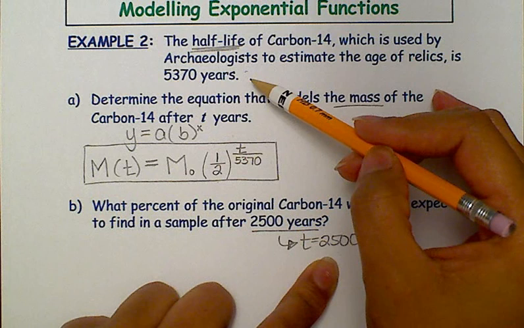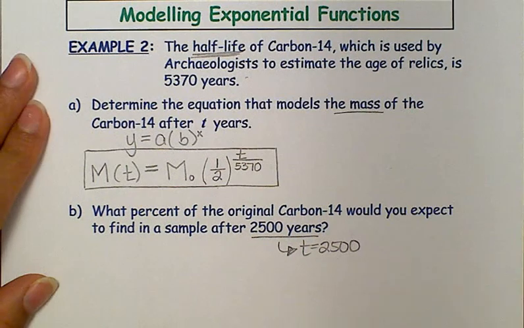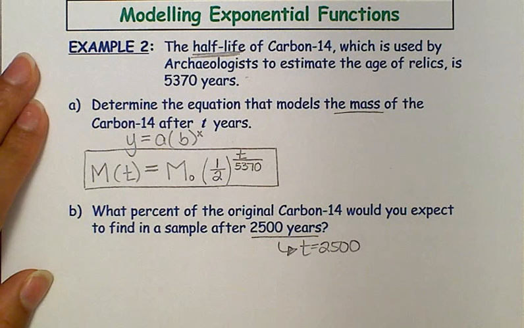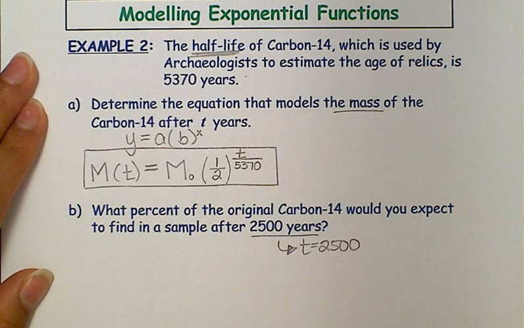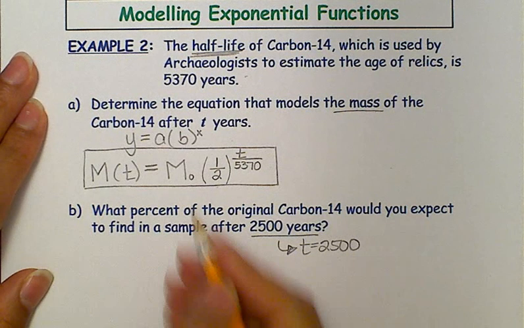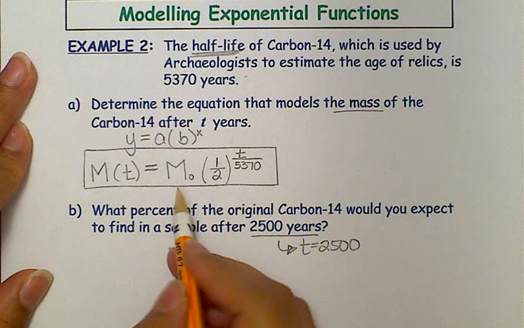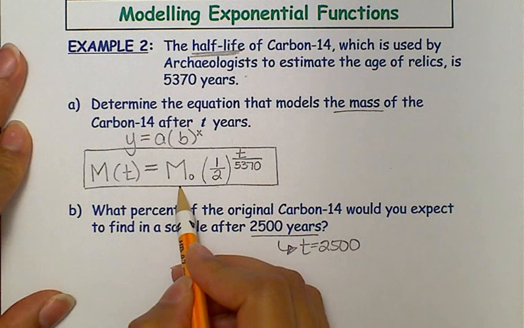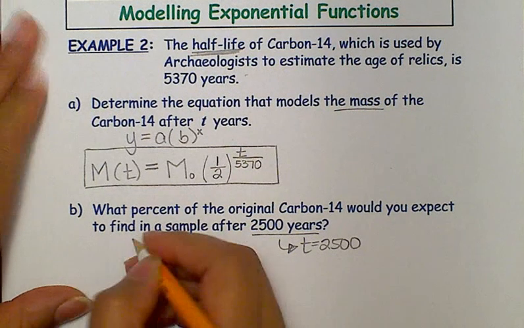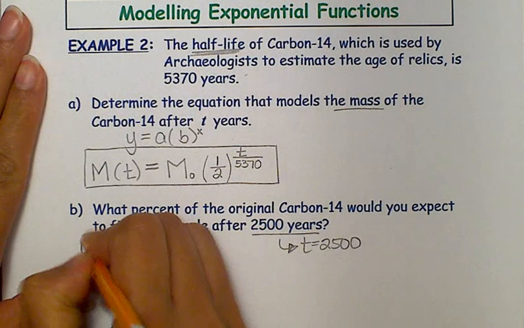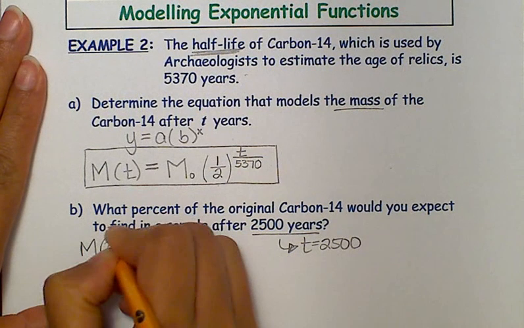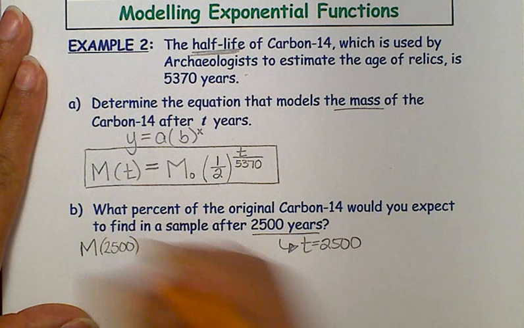So let's plug in the information we know. Because I'm looking at a percentage, I can assume that the mass that I had is 100%, so that's what I'm going to do. I'm looking at the mass after 2,500 years, and I'm going to write my assumption on the side.